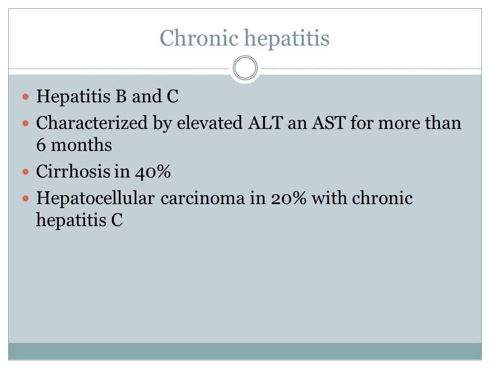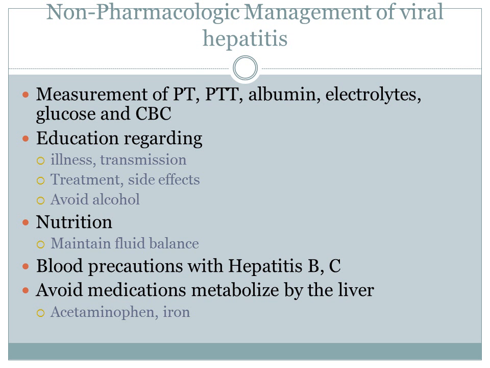Chronic hepatitis, hepatitis B and C, characterized by elevated ALT and AST for more than 6 months. Cirrhosis would occur in about 40% of these, and unfortunately hepatocellular carcinoma in 20%. Management. How do we manage patients with viral hepatitis other than pharmacological methods?